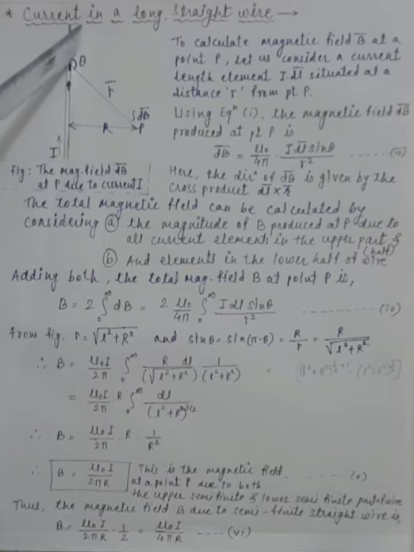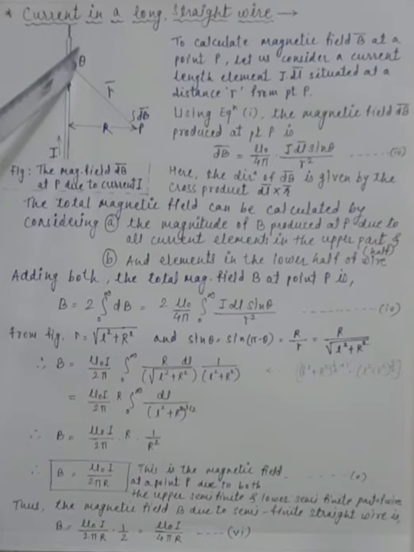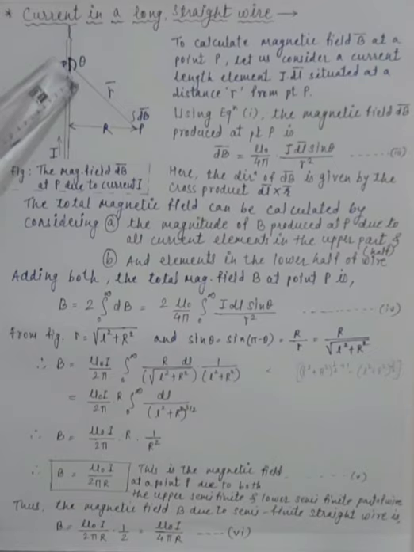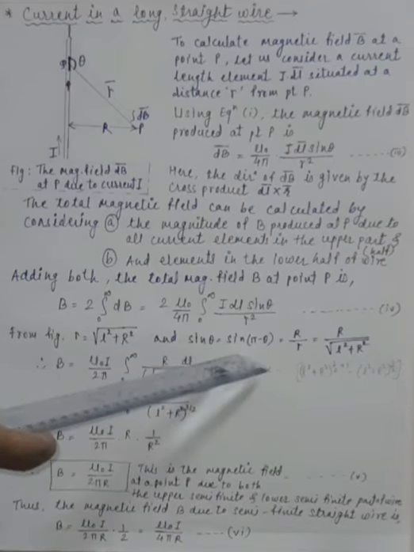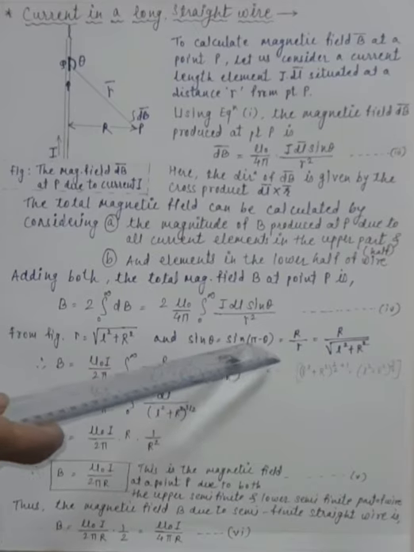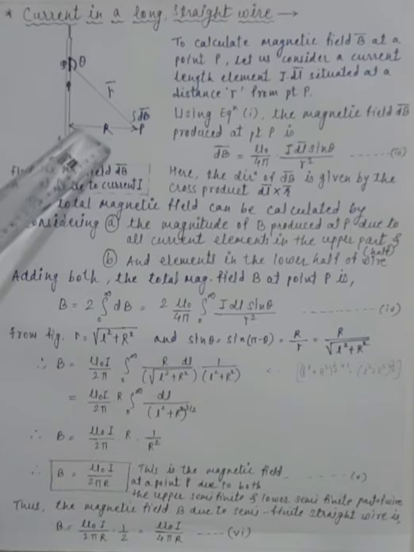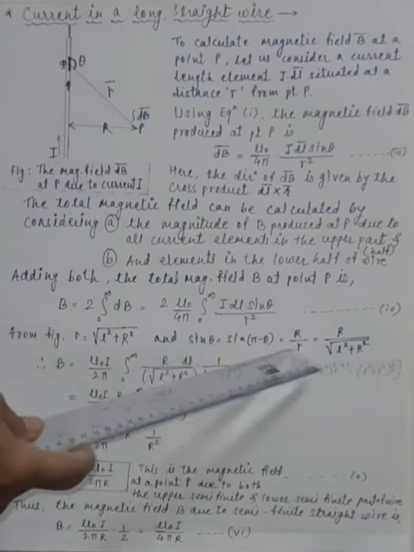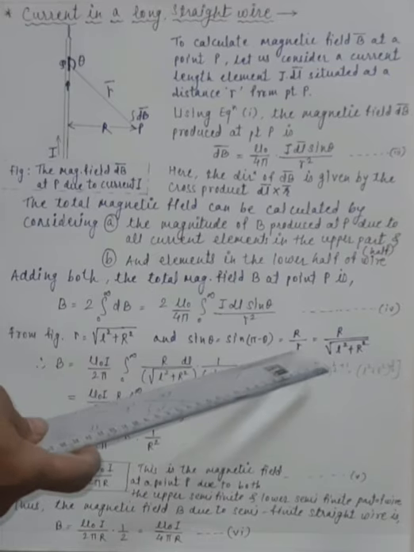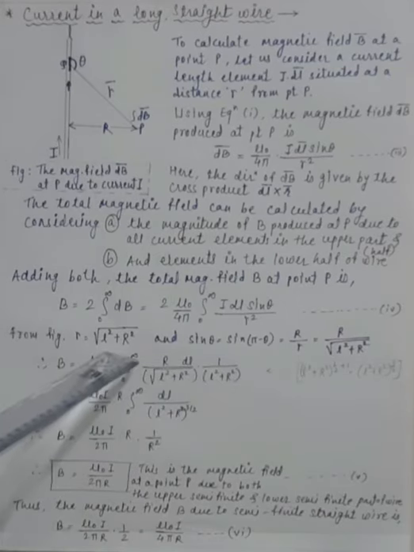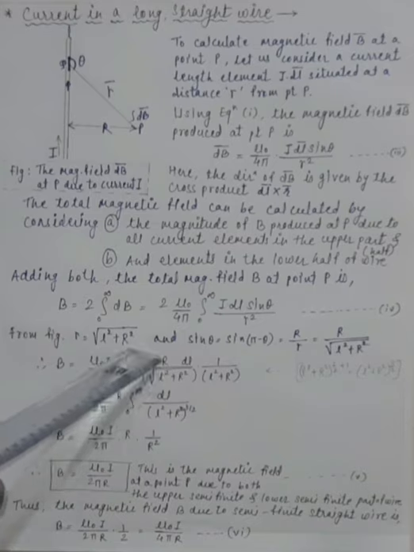Now the sum of these two angles is 180, so the angle inside the triangle is 180 minus theta, that is pi minus theta. Hence sin theta can be written as sin of pi minus theta, which equals opposite side upon hypotenuse. Opposite side is r, hypotenuse is small r, and small r is nothing but under square root L square plus r square.